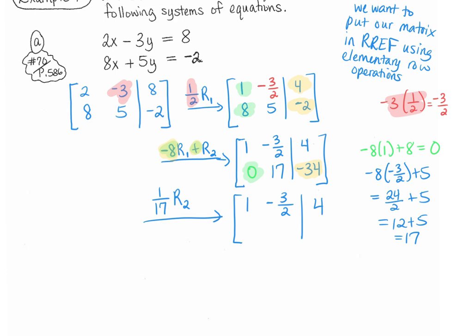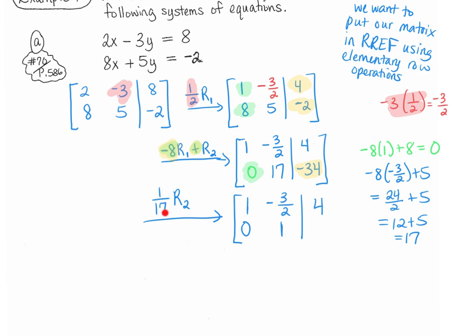And then row 2, because we're now multiplying each entry in row 2 by 1 over 17, you have 1 over 17 times 0. What is that? 0. Then we have 1 over 17 times 17. What's that? 1. Good.